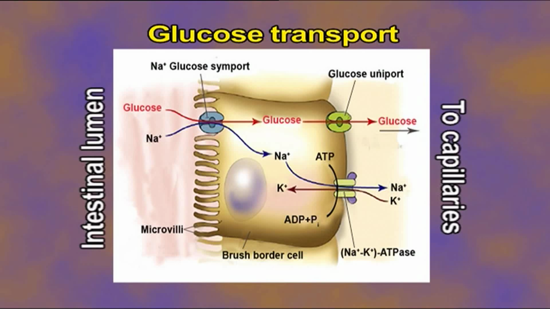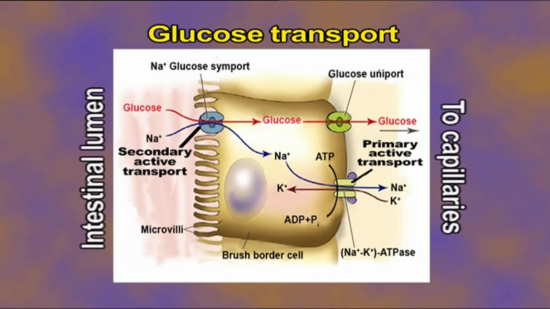Hence, the sodium potassium pump utilizes ATP as an energy source and is known as primary active transport, whereas transport of glucose with the help of the sodium electrochemical gradient is known as secondary active transport.